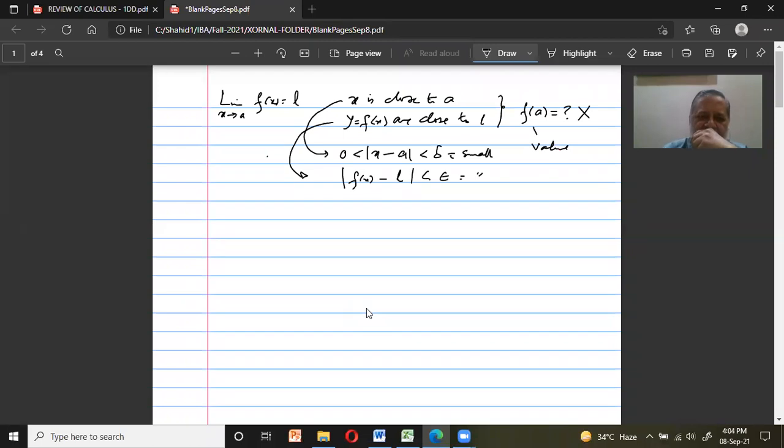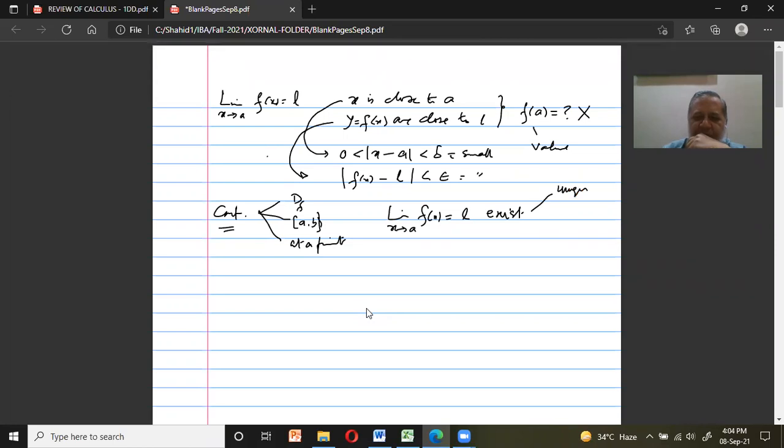Then we considered the concept of continuity, and we talked about the continuity over the entire domain, over an interval, and at a point. So our concern as far as continuity is concerned was that the limit as x approaches a of f(x) is equal to L exists, and by that we mean unique, real, and finite.